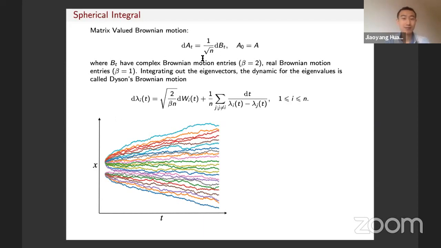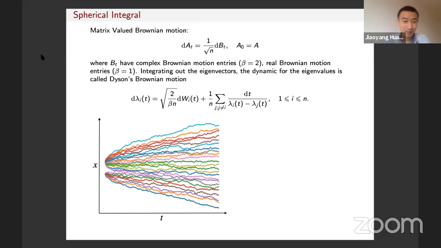The eigenvalues of At are governed by the stochastic differential equations d lambda i equals square root of 2 over beta n dWit, where the Wit are independent Brownian motions for i from 1 to n. You also have a drift term, which is 1 over n times the sum, over all indices j not equal to i, of dt over lambda i minus lambda j.